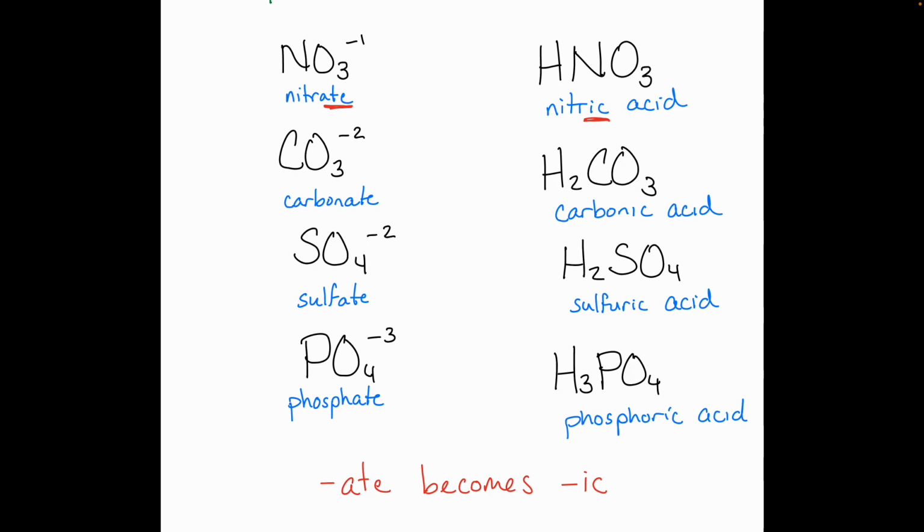And then we said, what if we took this same formula, but instead of being NO3, I made it just NO2 with that same -1 charge. It went from being nitrate to what? Nitrite.